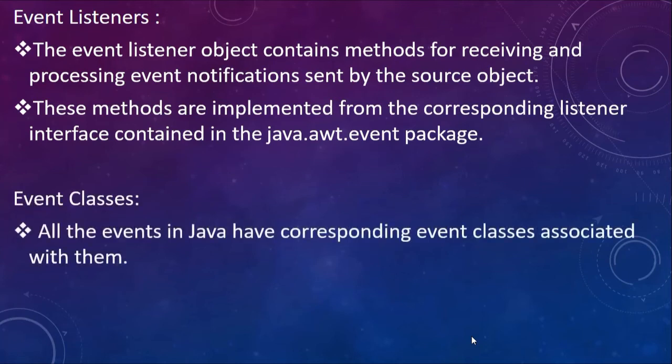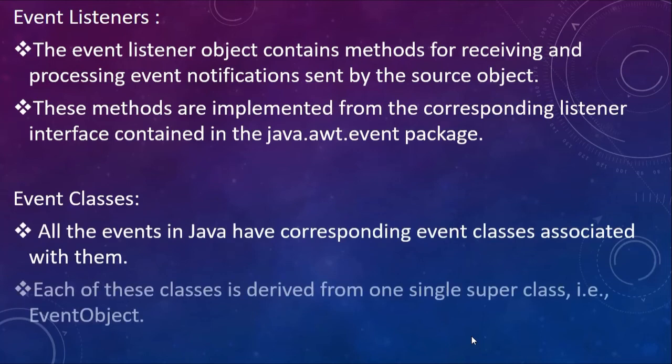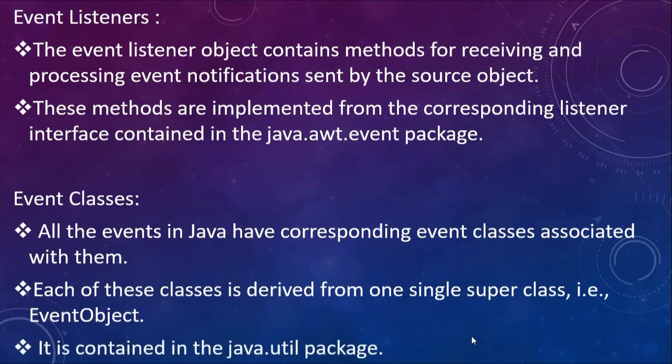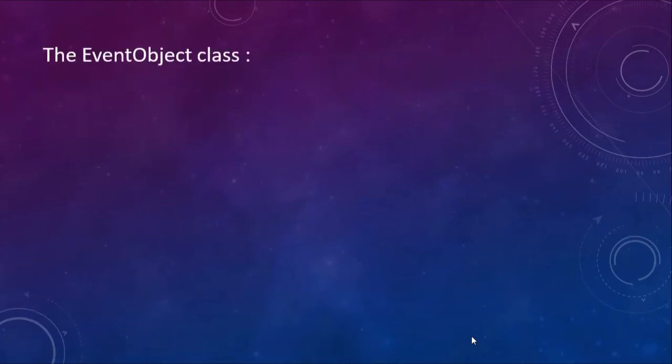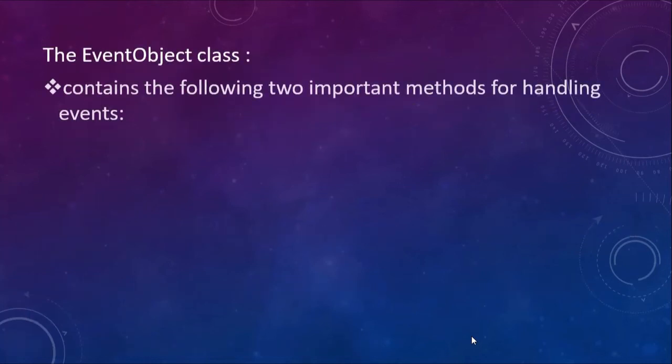Event classes. All the events in Java have corresponding event classes associated with them. These are present in a package called java.util. Each of these classes is derived from one single superclass, called the EventObject superclass. The EventObject class contains two important methods for handling events.